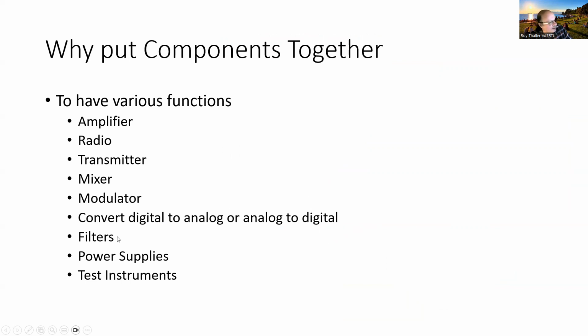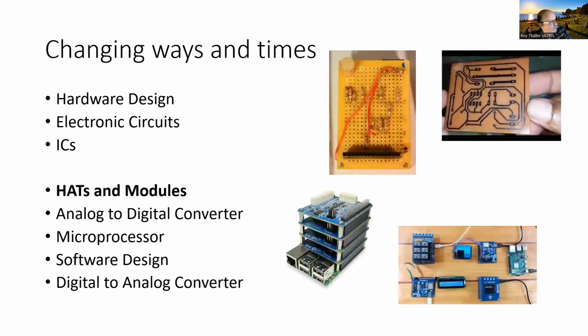You can have a low pass filter, a high pass filter, or an antenna tuner. You can have power supplies, AC and DC, and we'll spend some time on how a power supply works. And then you can also have various test instruments. So that's why we put components together.